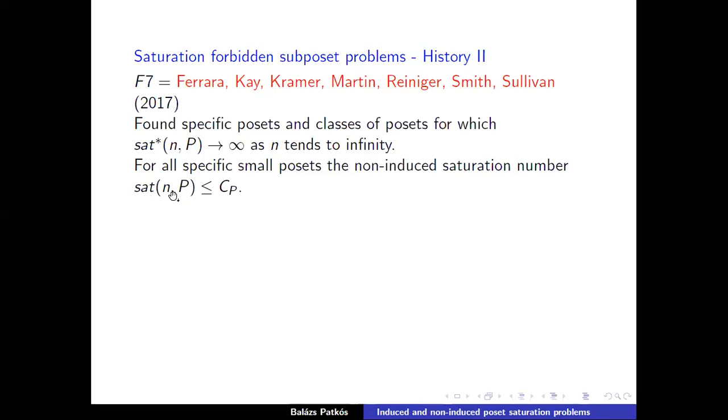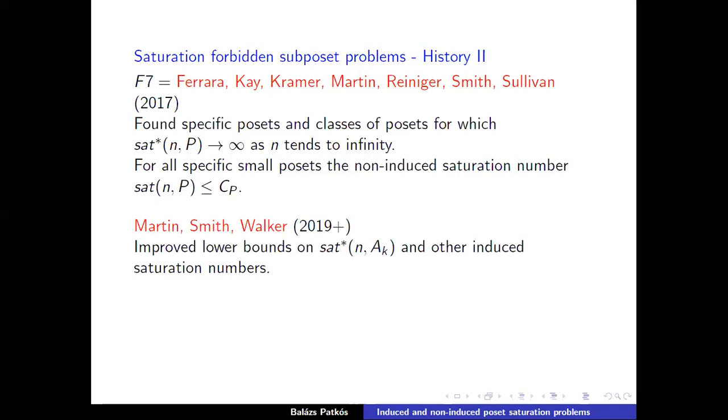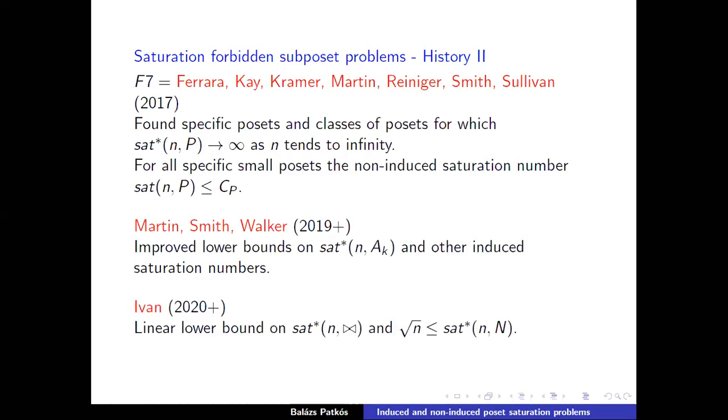Okay, then last year there was a manuscript uploaded to arXiv by Martin, Smith, and Walker. They improved some of the lower bounds that were obtained here. And then just a couple of days before our manuscript went online on arXiv, a Romanian PhD student from Cambridge, Ivan, showed even better lower bounds for 2 particular posets, again for the induced saturation function.